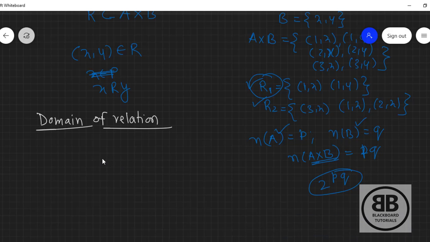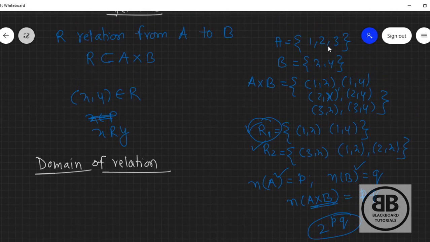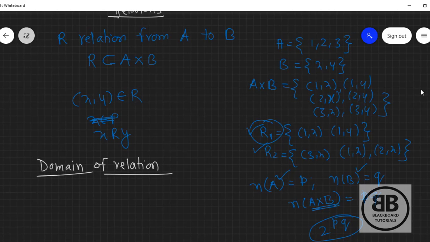Now we will see what the domain of a relation is. We had set A as 1, 2, 3, set B as x, y, and we defined the relation R1 suppose, and R1 is like this: 1x, 1y. Now what is the domain of a relation? The domain of a relation is the set of all first elements of the ordered pairs. So what is the domain of R1?